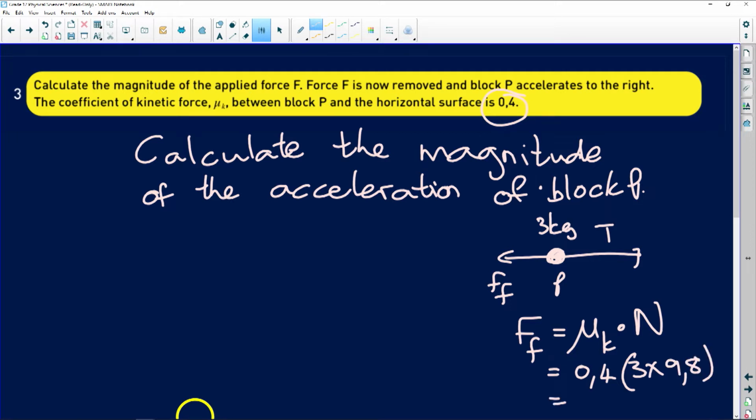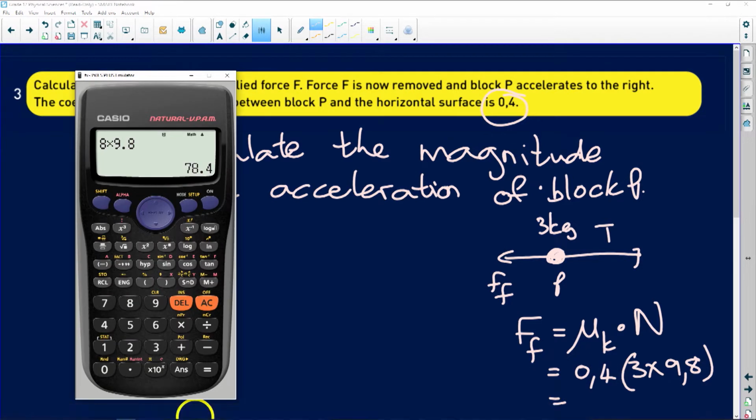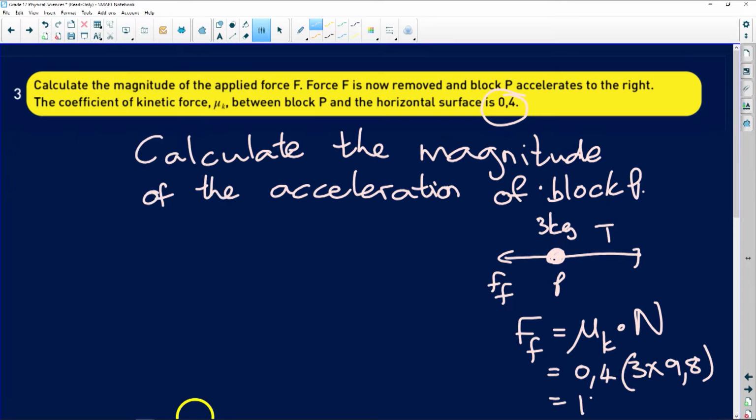Now we're going to go to our calculator and we're going to input that. So clear. So we're going to have 0.4 multiplied by 3 multiplied by 9.8. And that is going to give us 11,76 newtons. Always remember to round off to 2 decimal places.